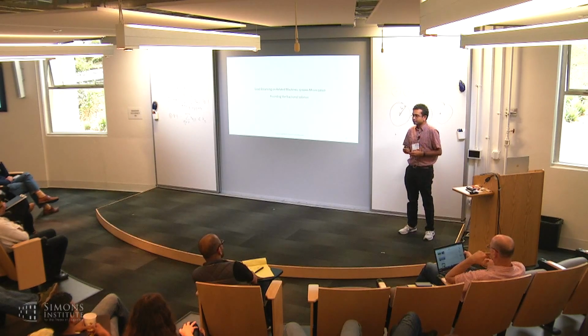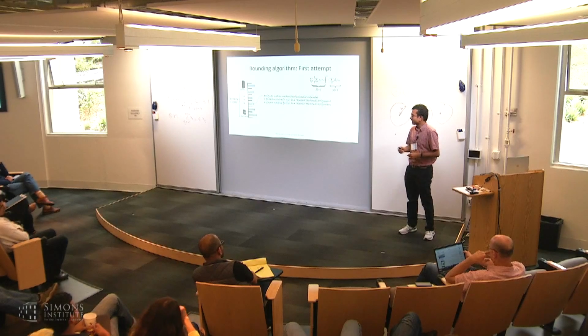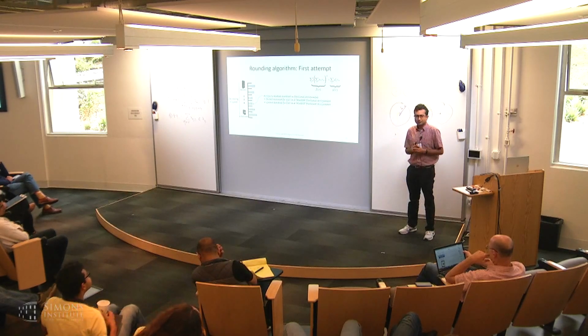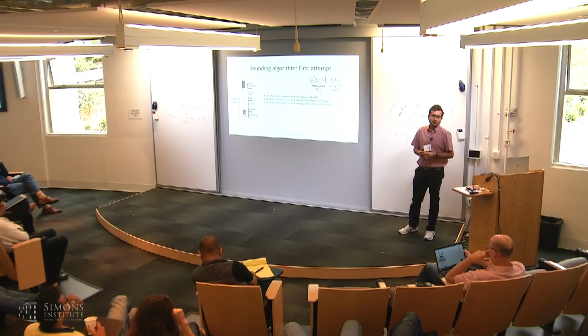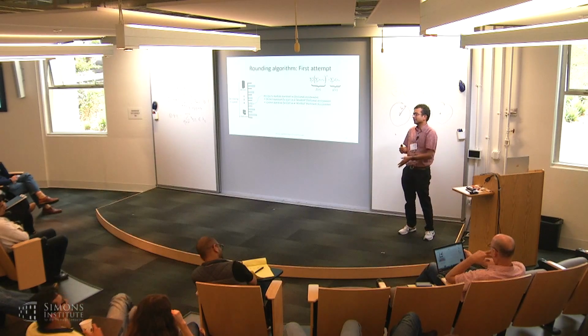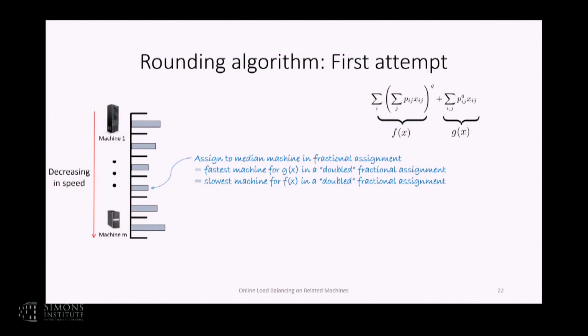Okay, so how do we round this? Let's say I come up with some fractional assignment of the job. One very natural thing to try is to take the median. This fractional assignment gives me a distribution of the job across the machines. One natural thing to try is to assign the job to the median of this distribution. Why is this good? Let's look again at these two terms, fx and gx.